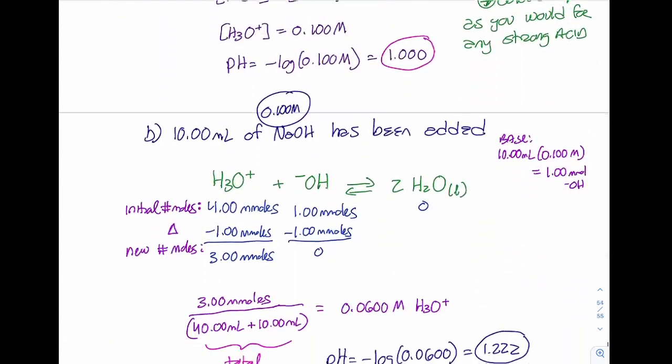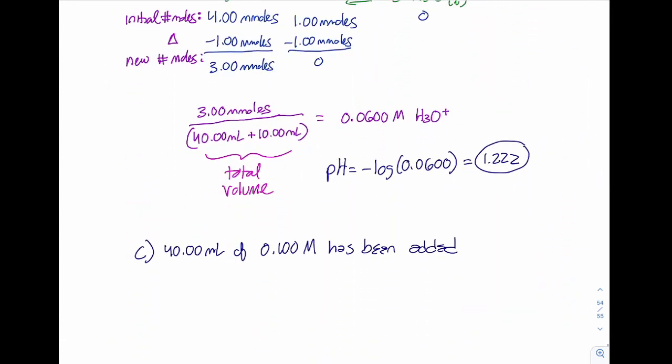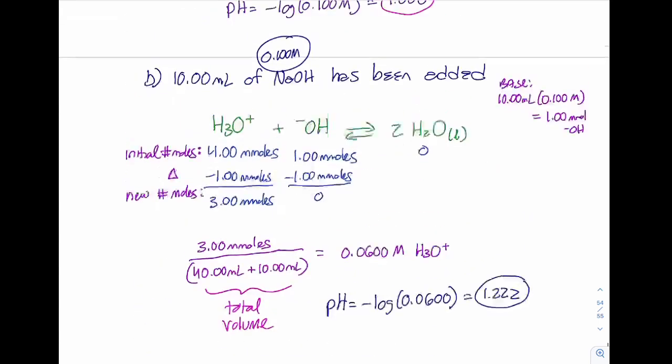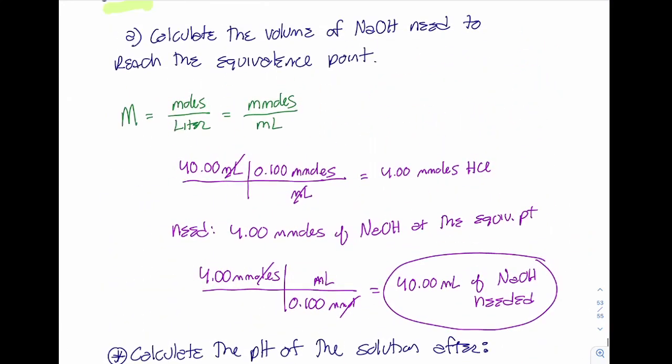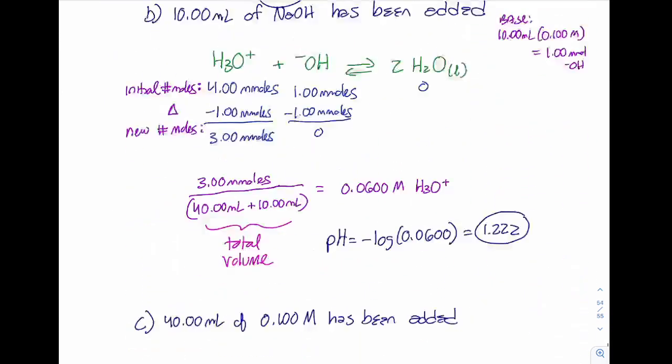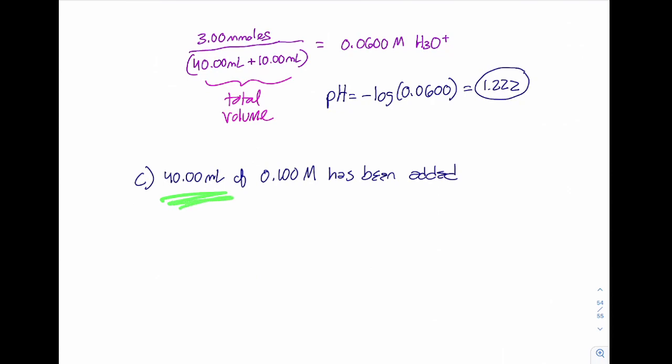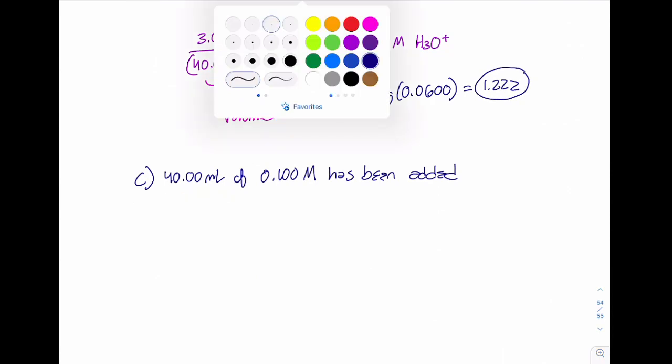So this one, if I did that first calculation, I recognize that this is my equivalence point. If we go back up to that very first question we were asked, we wanted to calculate the volume of sodium hydroxide needed to reach the equivalence point. It was 40 milliliters. So I know this is my equivalence point.